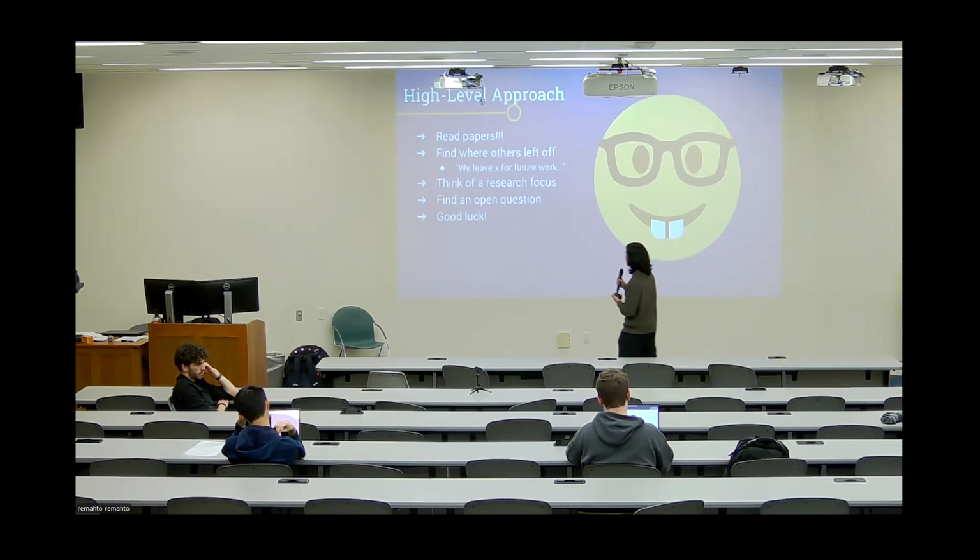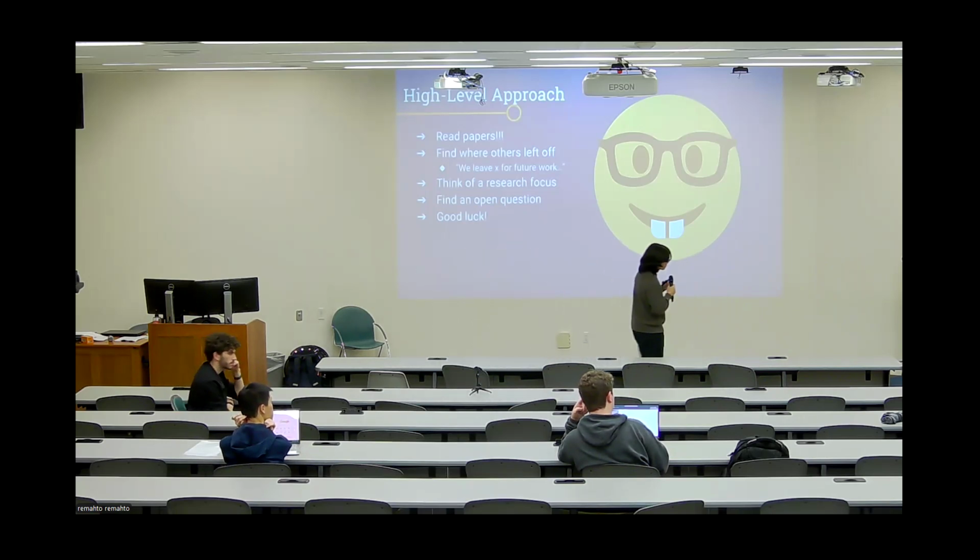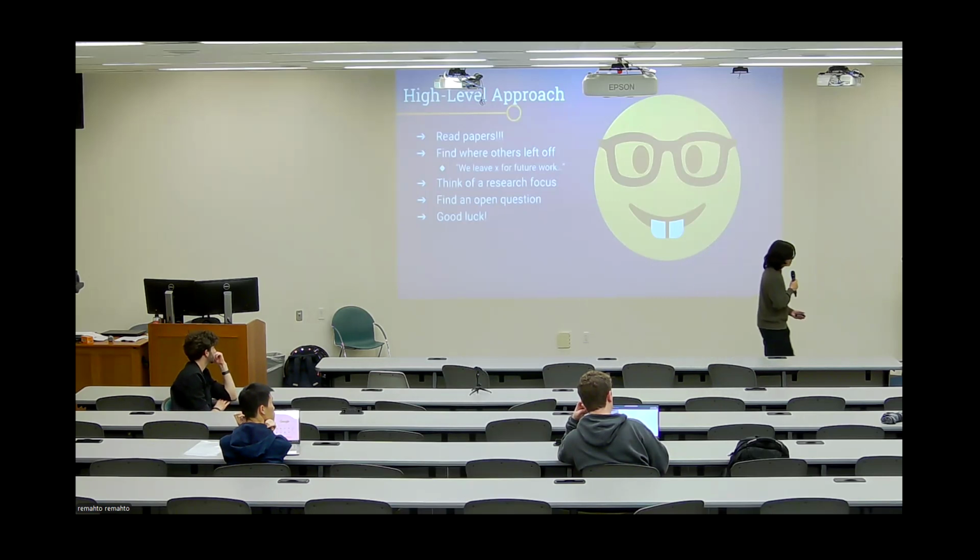And from there, you can think of a research focus, like what exactly are you going to hone in on? So from there, you want to find an open question or something that hasn't been solved in the field, and you want to get to it, right?